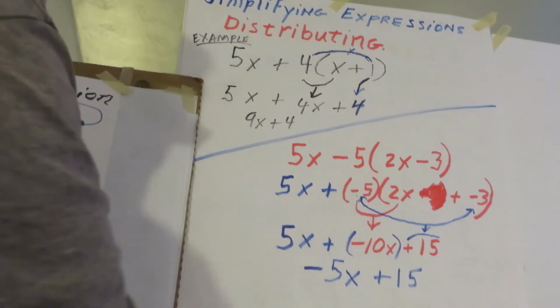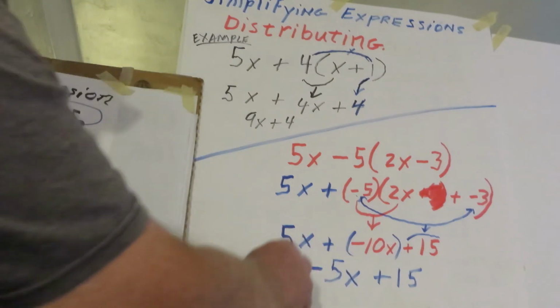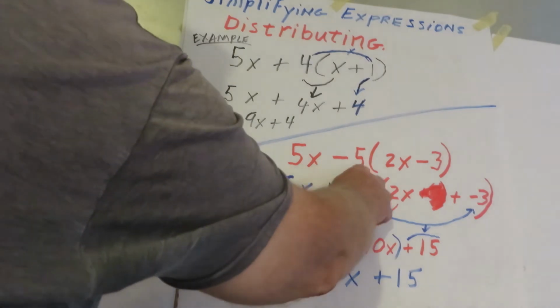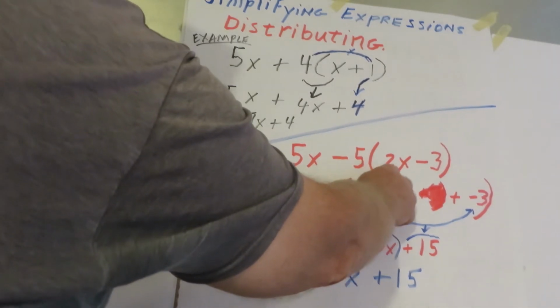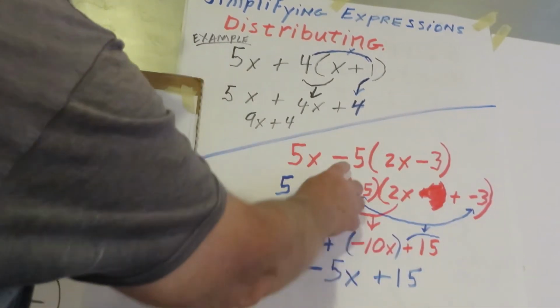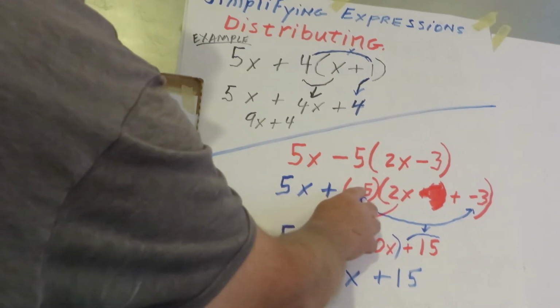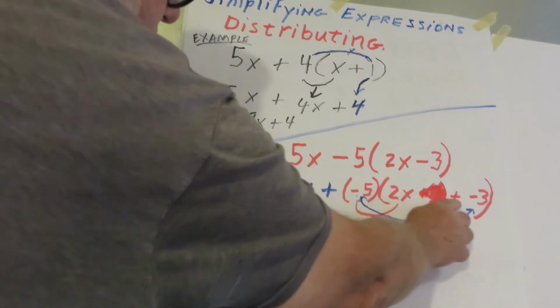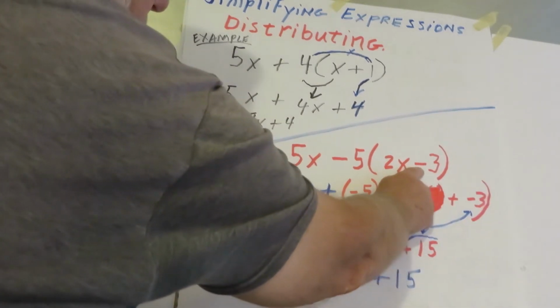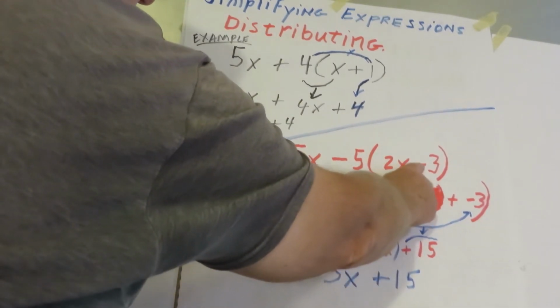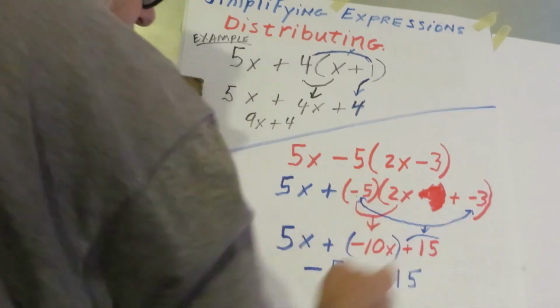I find it's frustrating. So here we have 5x minus 5 times 2x minus 3. I'm going to distribute. I've changed it to 5x plus a negative 5 times 2x plus a negative 3.